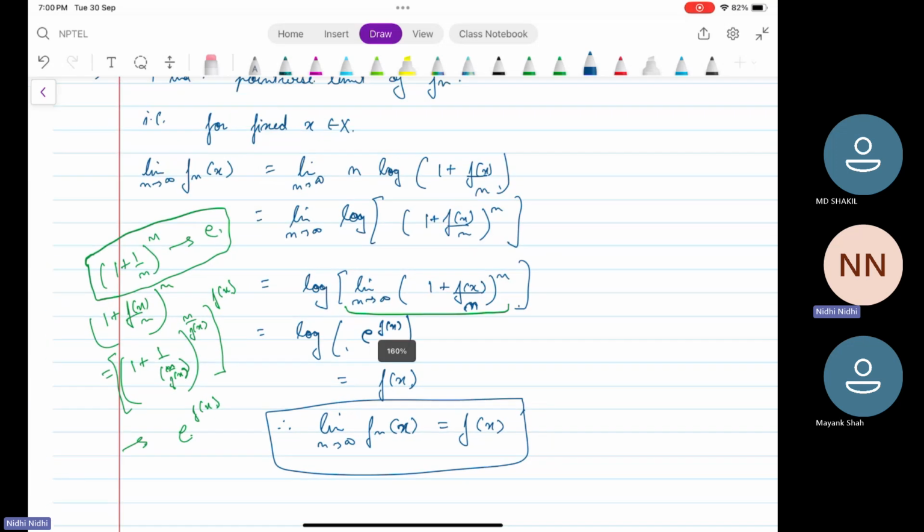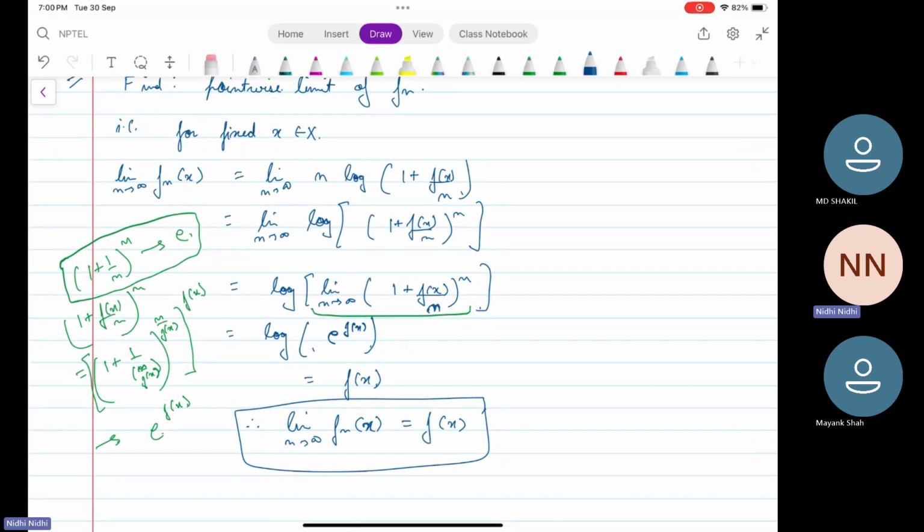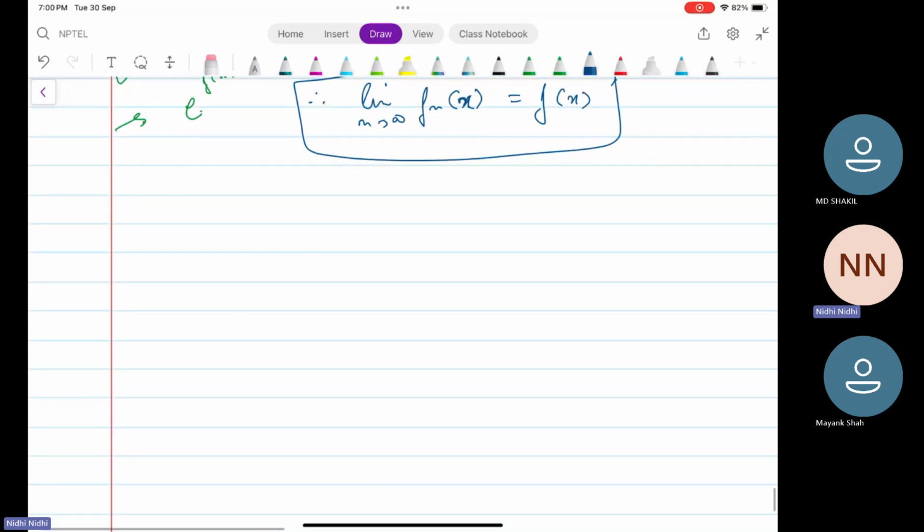Next, we will see that the sequence is monotonic as well. For that, let's start with some fixed x naught in X. Take y naught to be equal to f(x naught). This is some element in the interval from 0 to infinity.